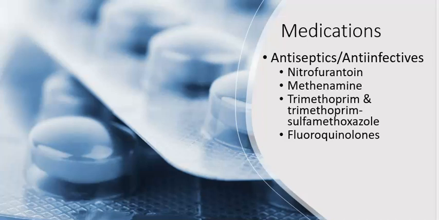I've not seen it ordered a whole lot, but it is used for the patients that get kidney infections a lot. It can be used long term to prevent recurring UTIs. It is not used to treat an active infection. So they would give you another antibiotic and then add this one on.